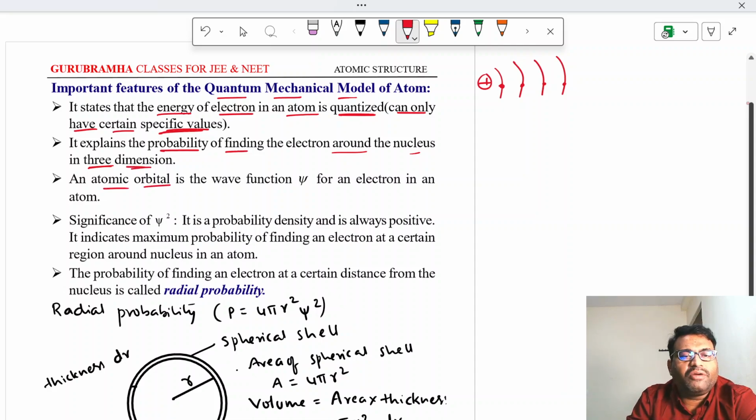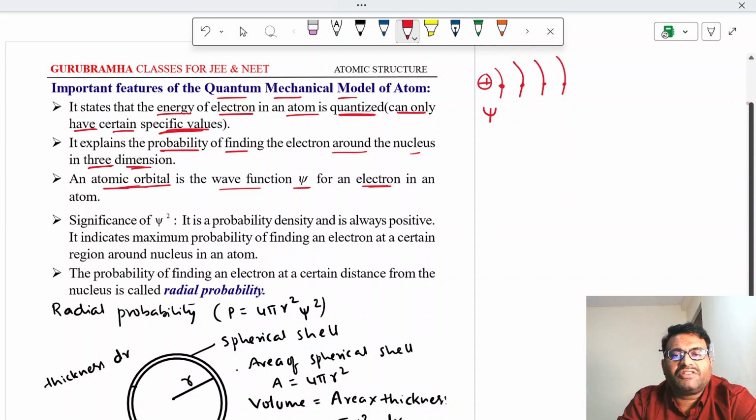So an atomic orbital is simply a wave function for an electron. So wave function describes, or wave function is nothing but an atomic orbital. As psi has both positive and negative values, we cannot describe psi in terms of probability.